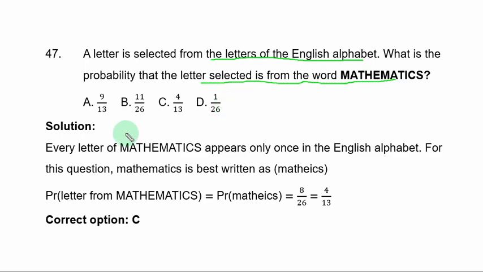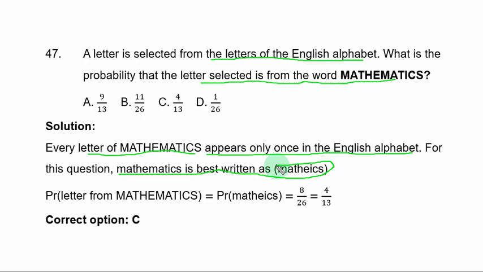You must understand that every letter of mathematics appears only once in the English alphabet. You only have one M, you only have one A, and so on. So for the question, mathematics is best written in this form, that is, taking each letter once.